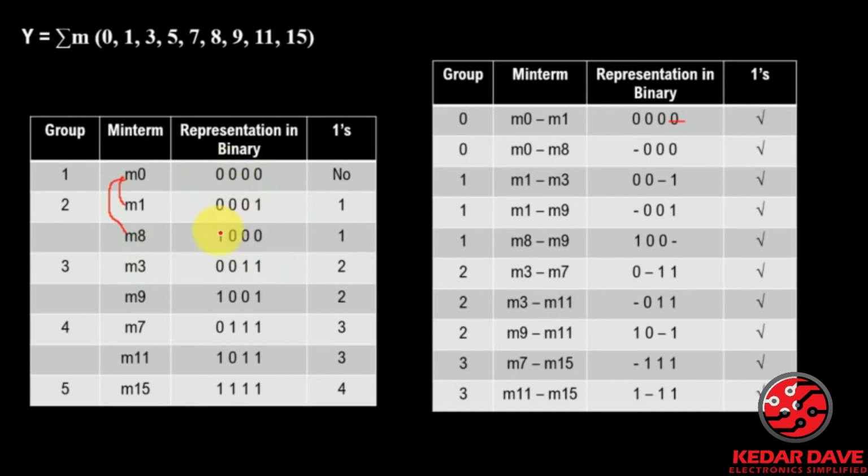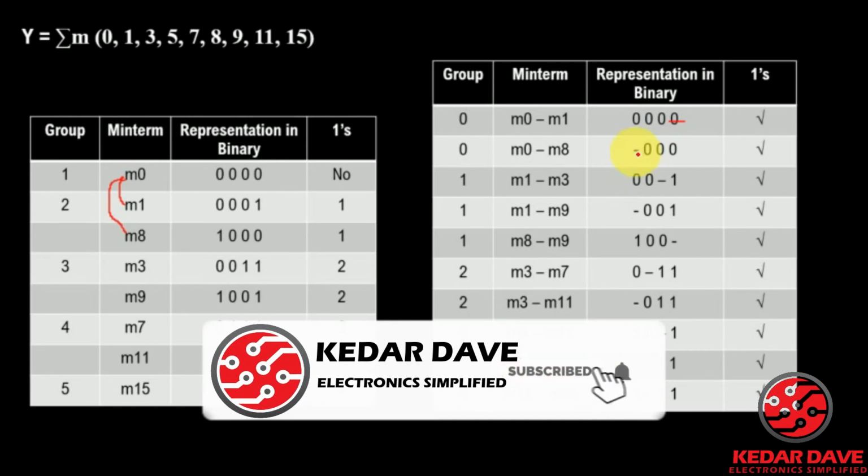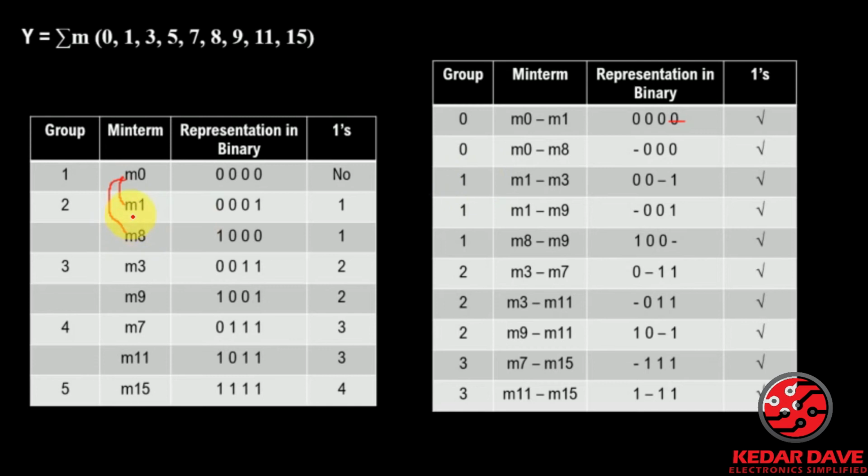Now the A variable is changing over here, 0 to 1, so we put a dash on that position and the rest of the digits stay the same. In the same way we also do this for m1 to m3, and from m1 to m9 also. This way it can be done.